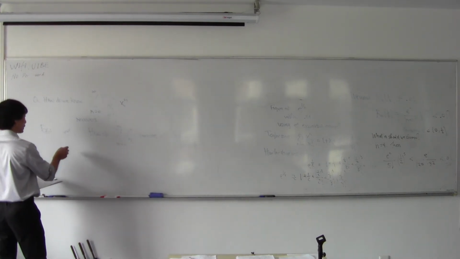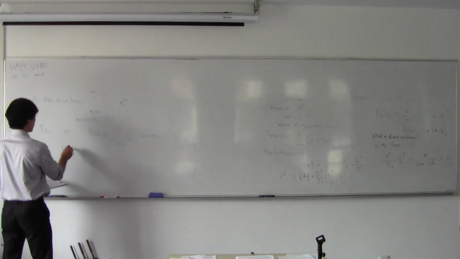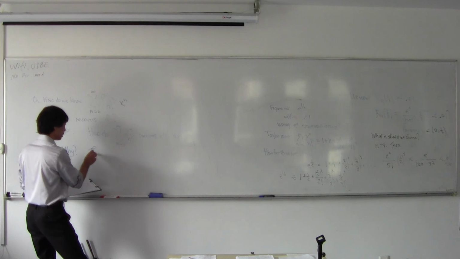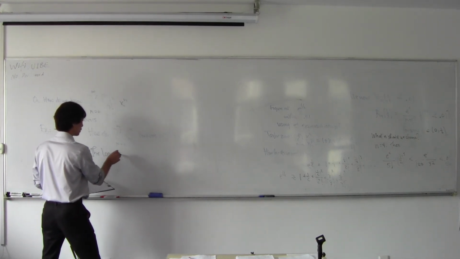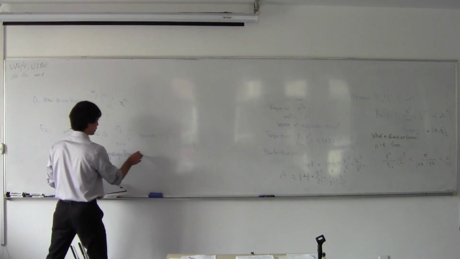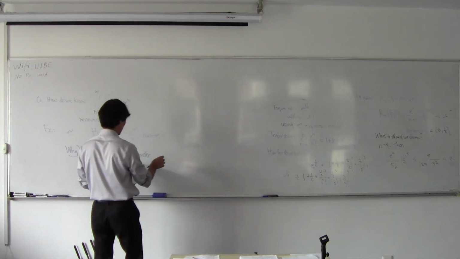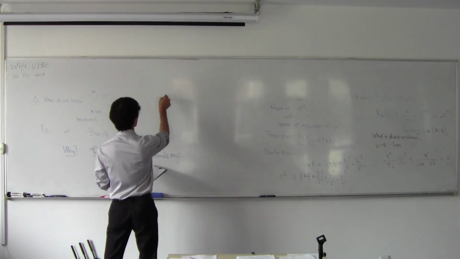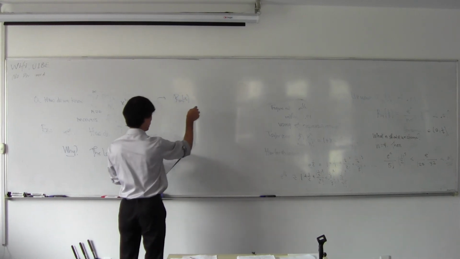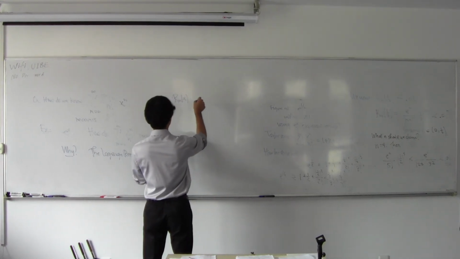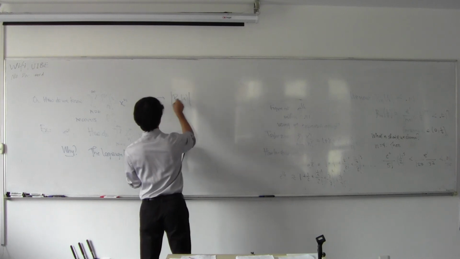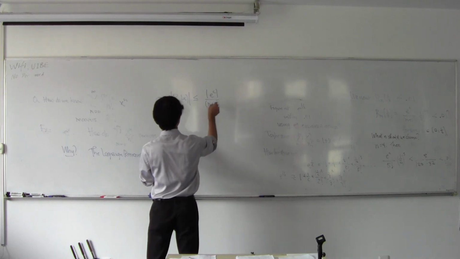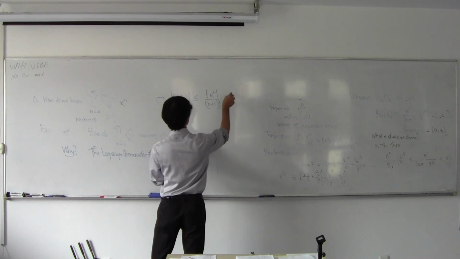Why? Well, the Lagrange remainder formula says that the absolute value of R_n(x) is smaller than the absolute value of e to the c over n plus 1 factorial times x to the n plus 1.